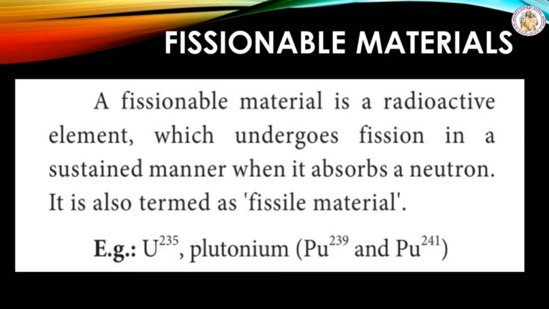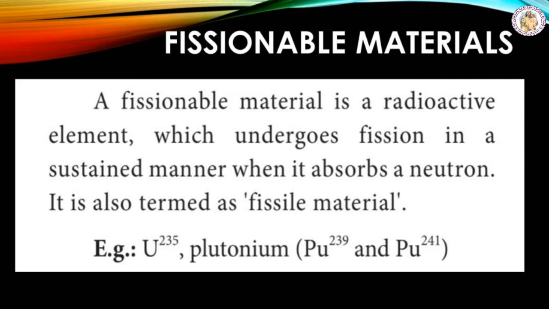So what are the materials we use in this process? That is called fissionable material or fissile material. For example, uranium 235, plutonium 239 and plutonium 241 are fissile materials. All isotopes of uranium do not undergo nuclear fission when they absorb neutrons.